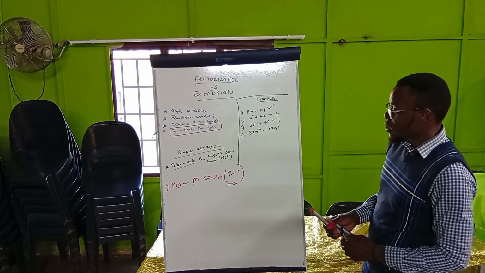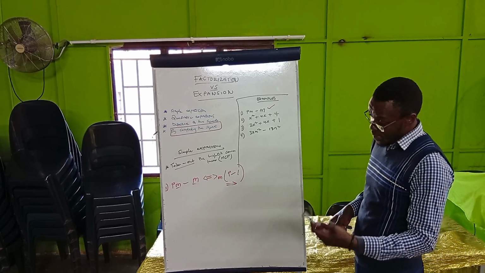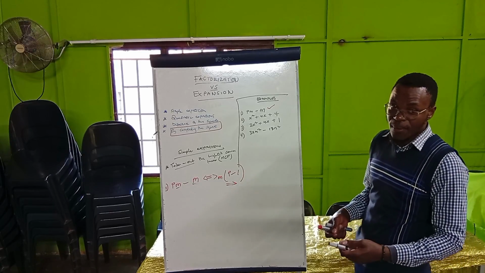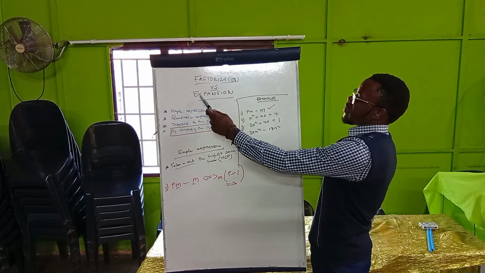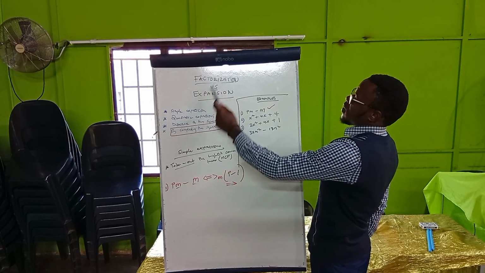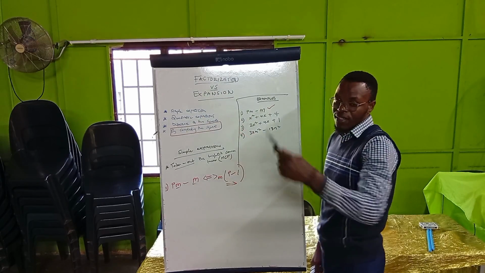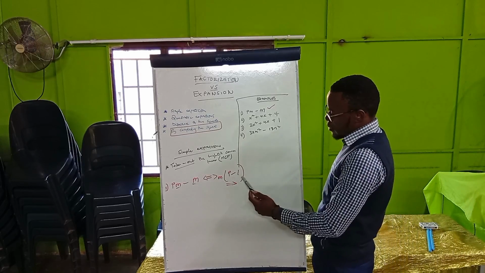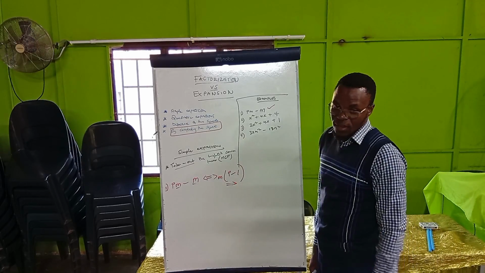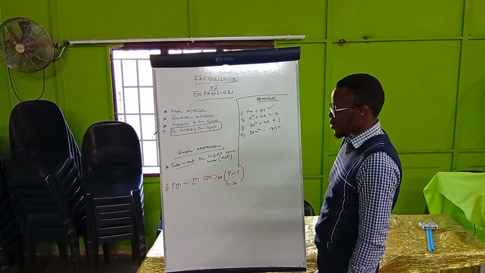And then in order to check that this is correct, you will expand. I've already highlighted that the opposite of factorization is expansion and vice versa. So it works hand in hand. So if I expand, I will get this expression again. So that's how you can check if your answer is correct.